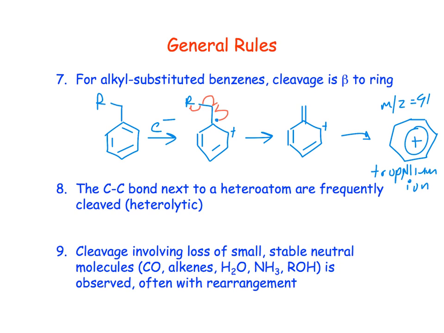Let's see, carbon-carbon bonds next to heteroatoms are frequently cleaved. So this would be the heterolytic cleavage. If we had something like this, we'll see some examples like this. The heterolytic cleavage, remember, is where the electrons adjacent to that heteroatom move towards the plus.